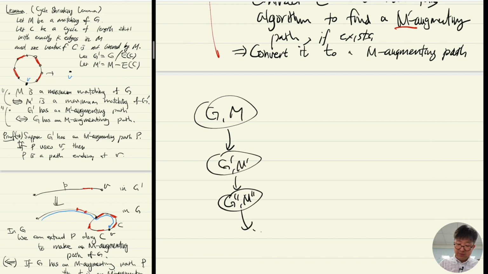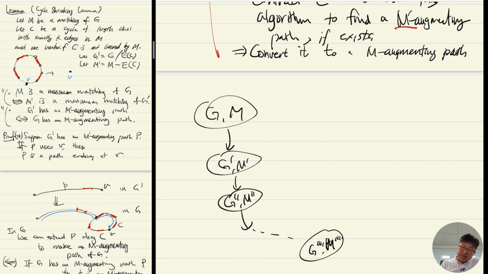So the algorithm will keep contracting. But these contractions cannot repeat indefinitely because each contraction will reduce the number of vertices by at least 1. And the number of vertices in the initial graph is finite, so eventually it has to stop.